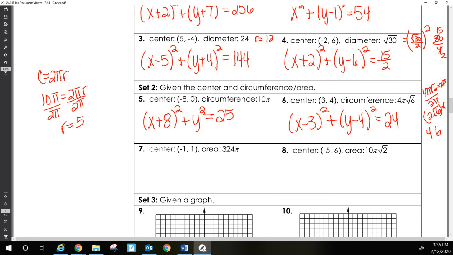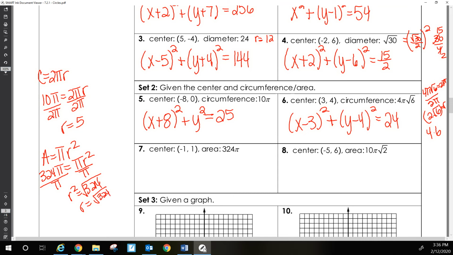All right, 7, now we're talking about area. What's the formula for area? Area is pi r squared. So if my area is 324 pi, that's going to be equal to pi r squared. I'm going to divide off that pi, and r squared is equal to 324. When I take the square root of this guy, well, let's just leave it as the square root of 324.